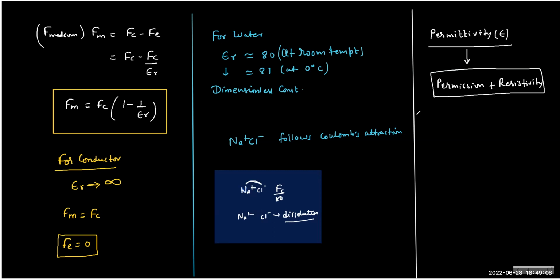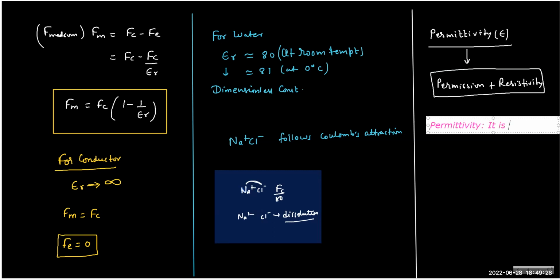And therefore the permittivity is called the inverse degree of permission for the lines of force to interact. What is permittivity? You can put it into words.